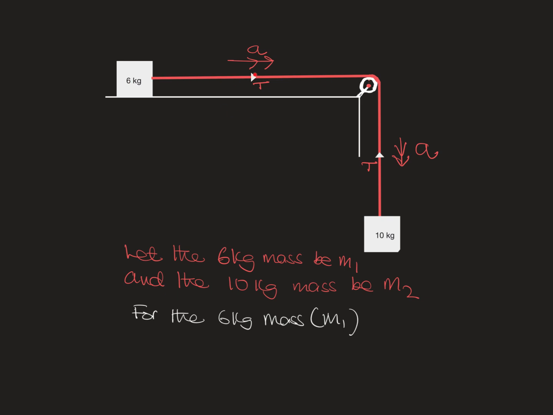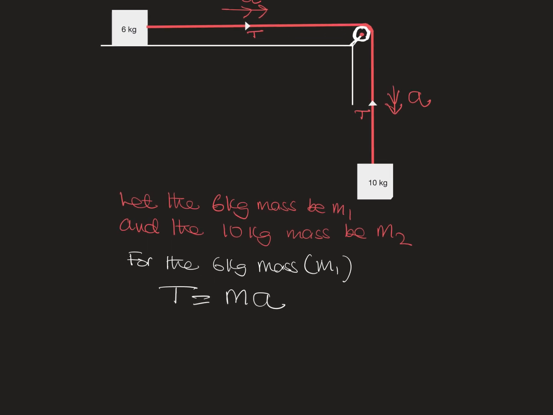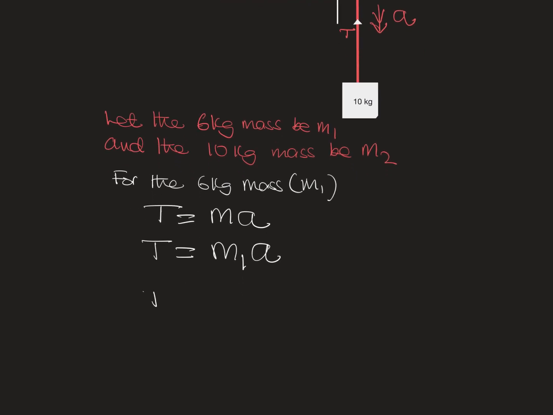So for the net force you only have the tension. Therefore, I can say tension is equal to mass times acceleration. Tension will be equal to M1 multiplied by A. If I substitute the value, I will have tension equals 6A. This can serve as equation 1.